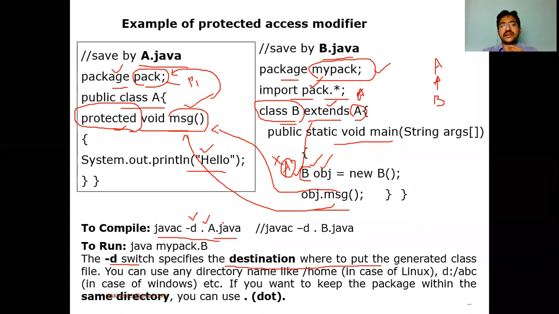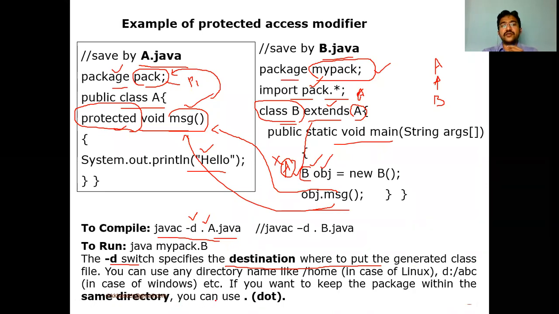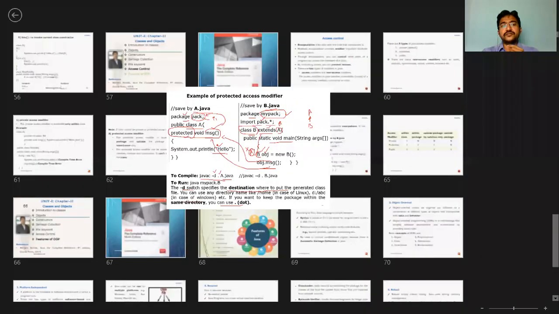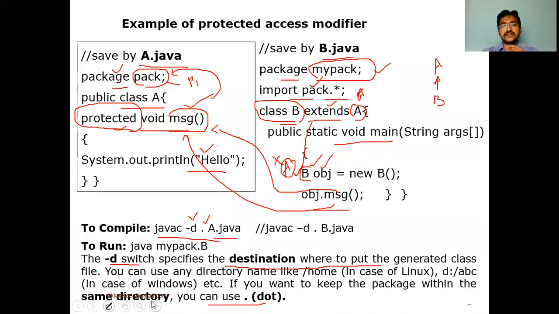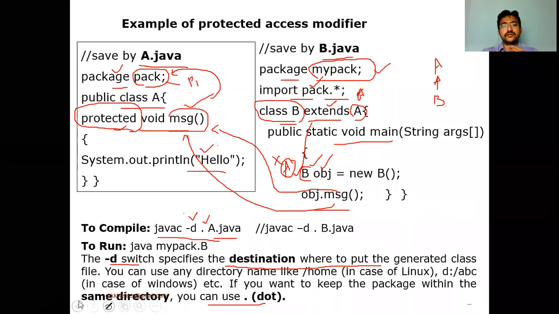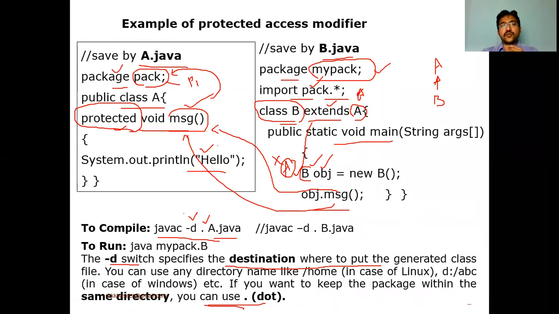You can specify any directory here instead of dot. Dot means the same directory, wherever your Java program is available.